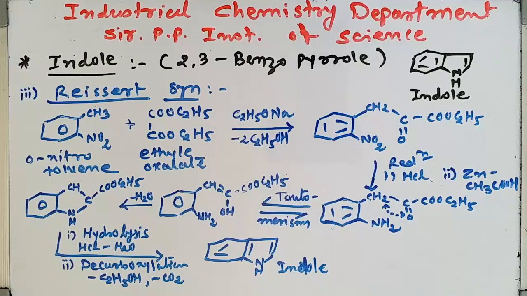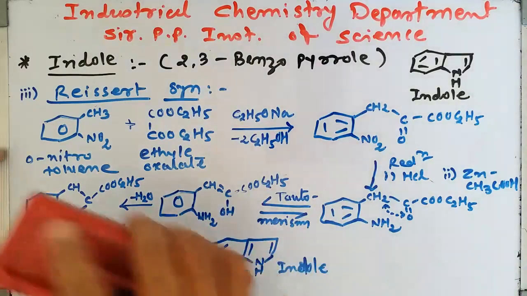Replacement of hydrogen gives the amino derivative, and dehydration and then hydrolysis and decarboxylation give indole. So this is a very important preparation of indole. It is known as Reissert synthesis.